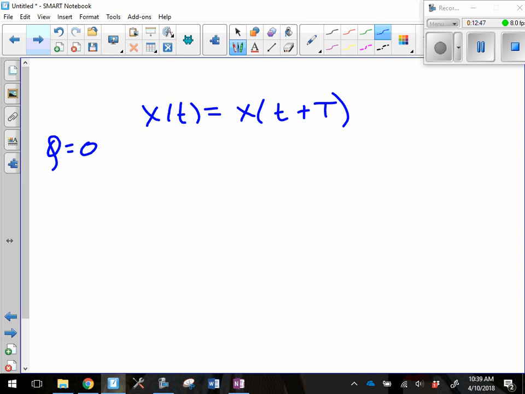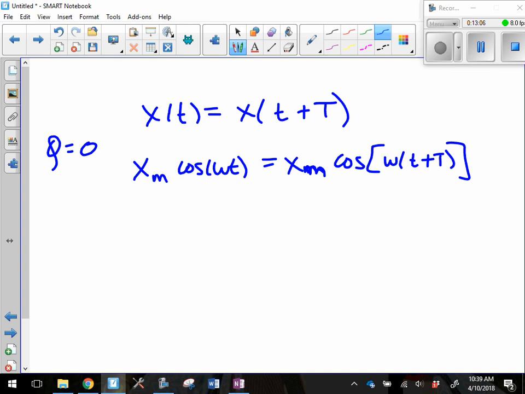Okay. So I've got xm cosine omega t is going to be equal to xm cosine omega (t plus T). Okay, because I'm just substituting in what my times are.